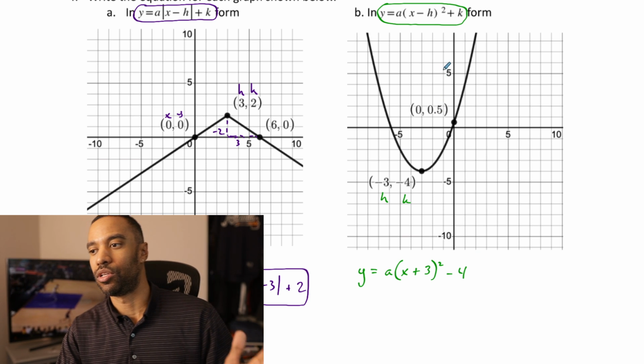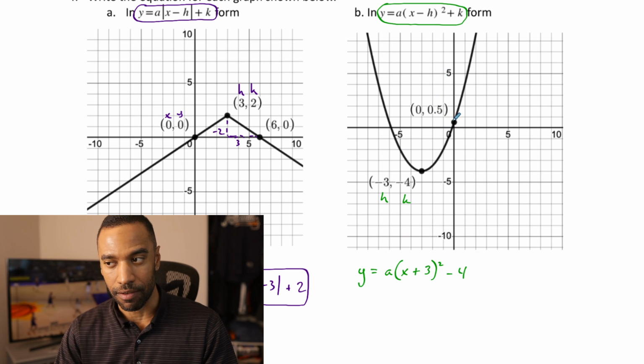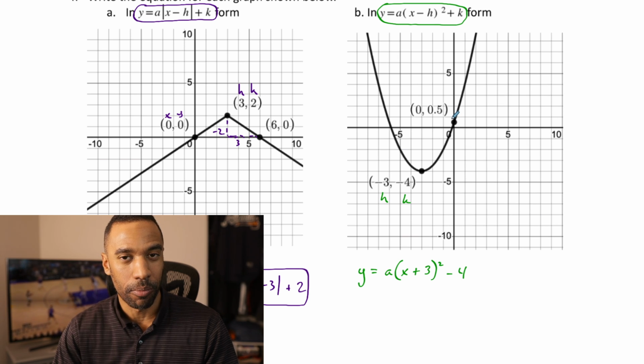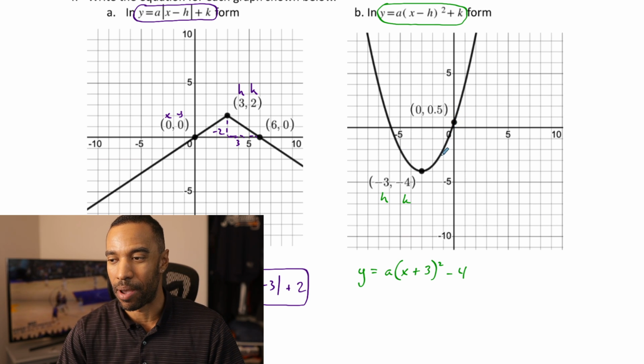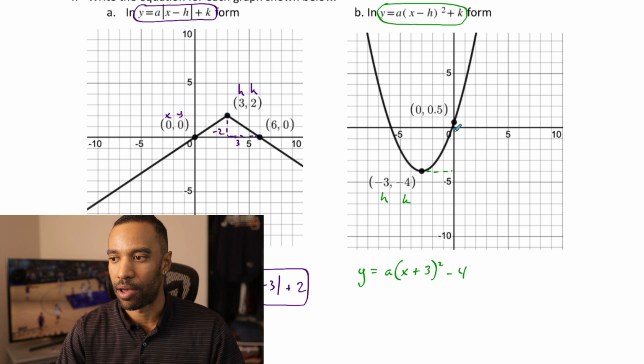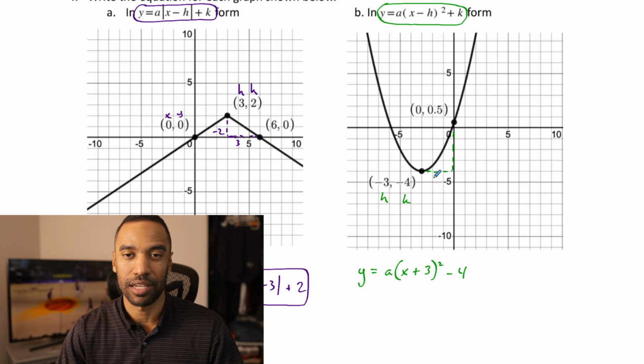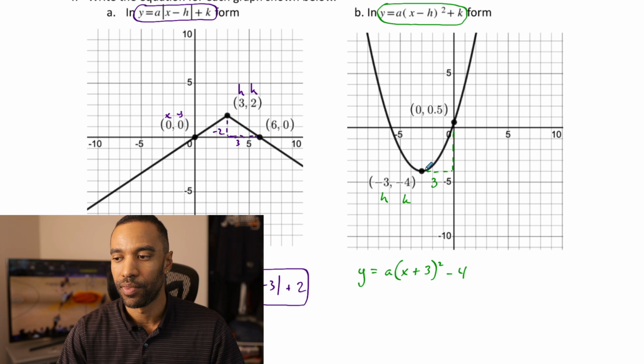And here's what I'm going to do. I'm going to choose the point that they gave us, despite the fact that there are better points to use, but I'll show you that this works no matter which points I use. So I'm going to use this point that they gave us and talk about this. I won't call it a rise over run, but when I'm going over a certain amount, how much am I going up? And how much is it in comparison to what I would normally do? When I'm going over 3, I'm going up from negative 4 to 1/2.